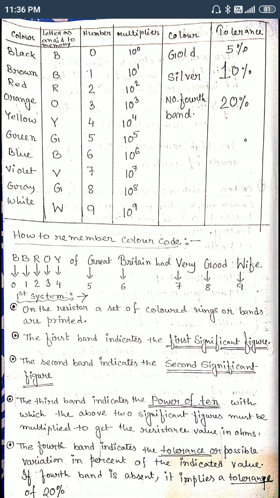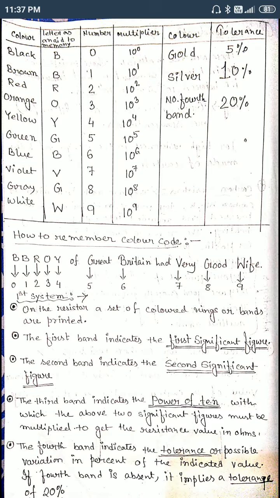And the fourth band gives us the tolerance or the accuracy, the possible variance in percentage, because in no case in the universe can we get the actual value 100% true. There are some errors also.